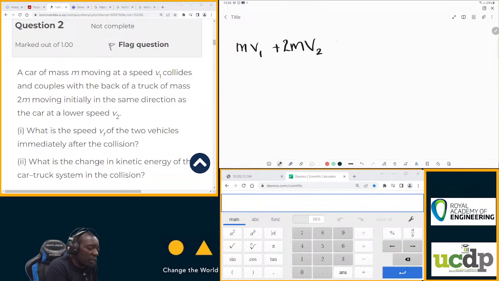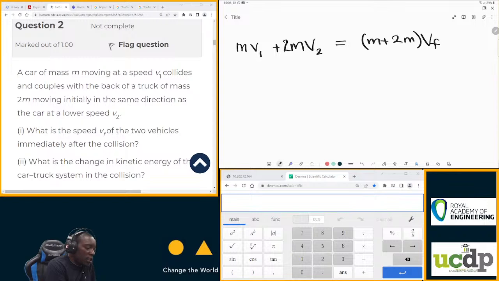The total momentum is equal to the total final momentum, which is the total mass of the two coalesced bodies, m plus 2m, times the final velocity. So this is the equation, which is a consequence of conservation of momentum. When the two bodies coalesce, that's an inelastic collision. Kinetic energy is not conserved. That's one thing for sure.